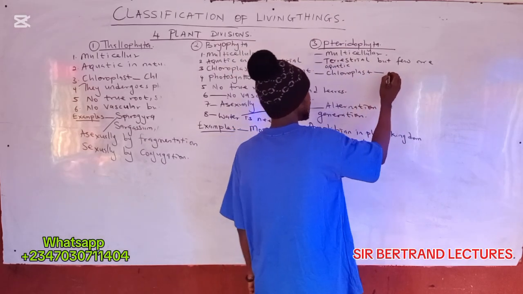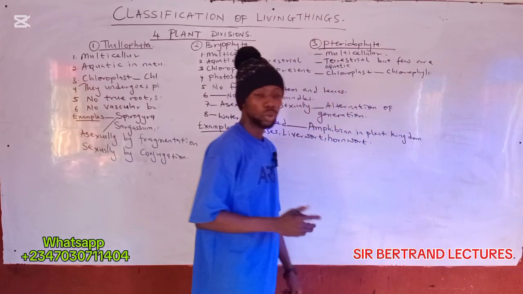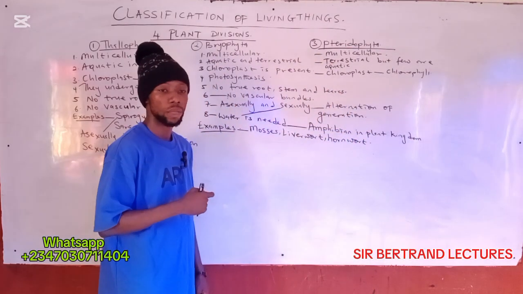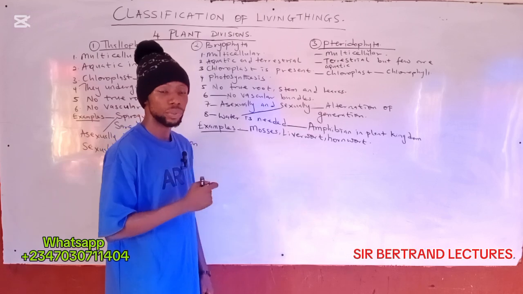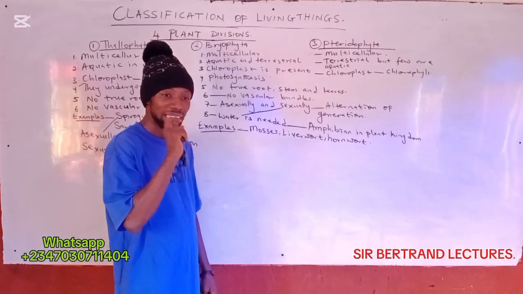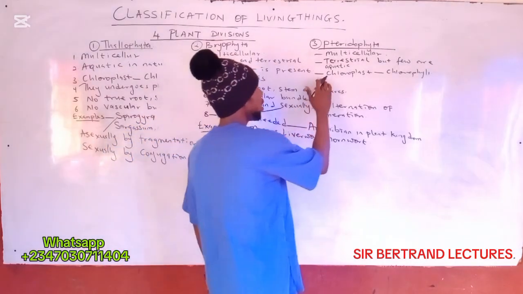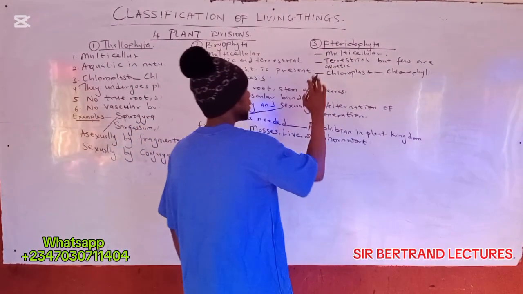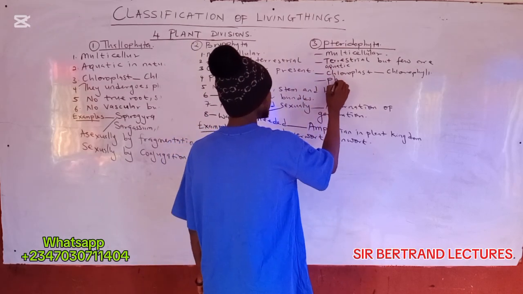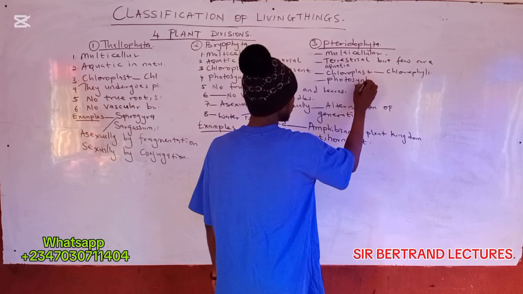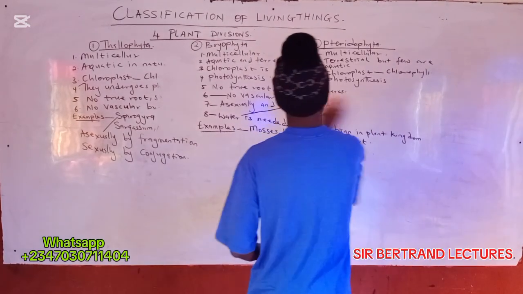Because of that reason, they have chlorophyll, because chlorophyll is located inside the chloroplast. Okay, every plant that has chloroplast contains chlorophyll, except in kingdom Monera that don't have chloroplast, but they possess chlorophyll. Now, here in Pteridophyta, they undergo photosynthesis. For that reason, photosynthesis is possible.